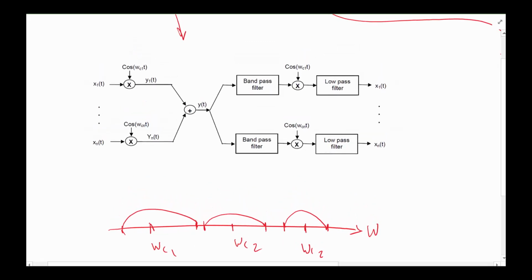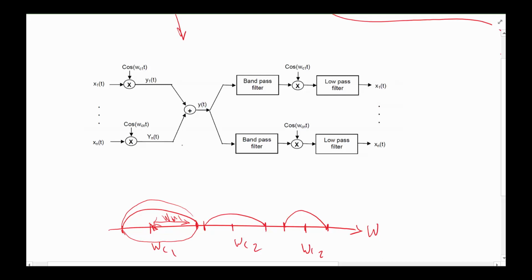For example, if I want to send x1 of t, and let's say the maximum frequency of x1 of t is omega m1, I allocate a carrier, omega c1, to give me a center frequency, and this is the band I'm going to transmit that signal in.